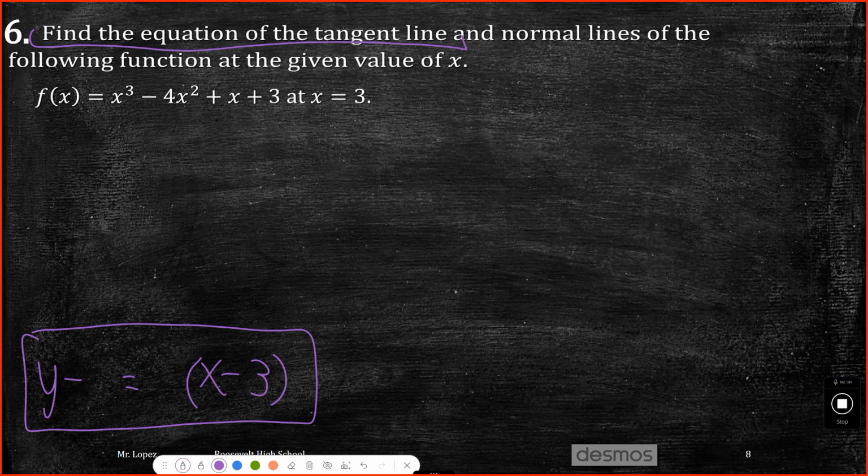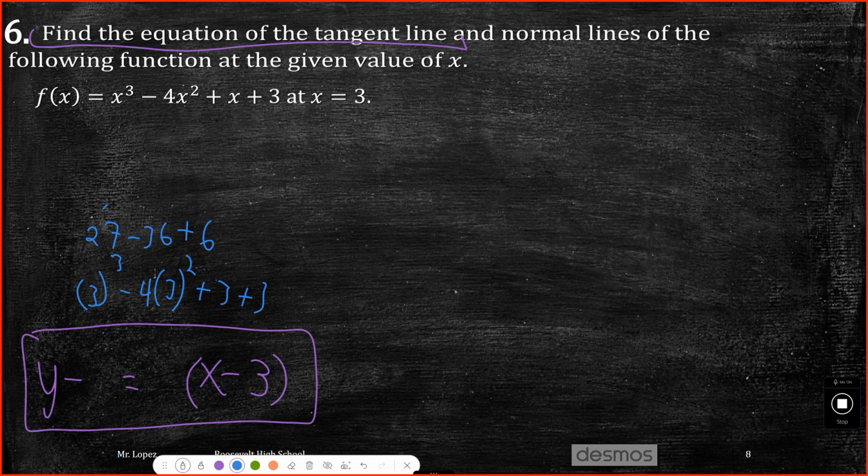Let's do that kind of quickly. That'll be what? 3 cubed minus 4 times 3 squared plus 3 plus 3. 3 cubed is 27. 3 squared is 9. 9 times 4 is 36.